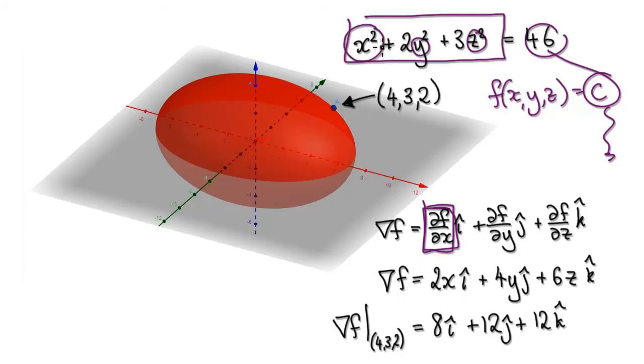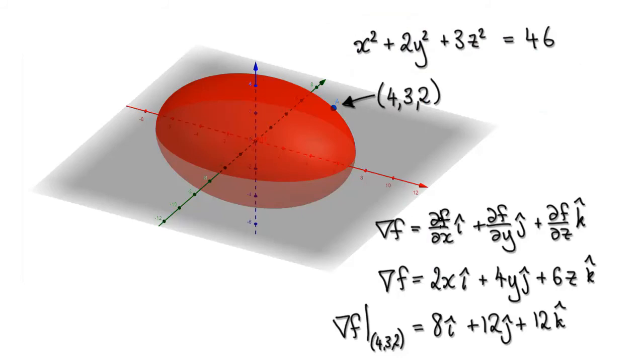So really, when you take the partial derivative with respect to x, it would just give you 2x, and then this thing here will be a constant, so that would be 0, and this would be 0. So your grad f, partial derivative of f with respect to x would be this.